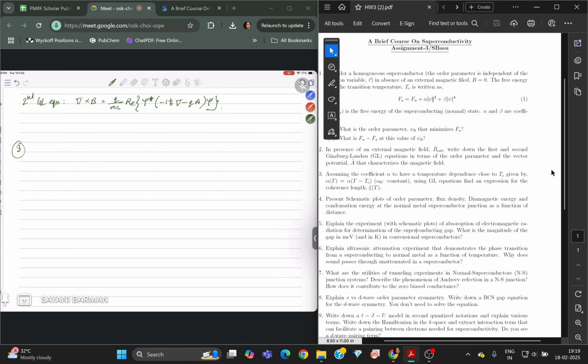Using GL equations, find an expression for the coherence length. Okay. So to derive an expression for the coherence length, we have to put A as 0 in the first GL equation.